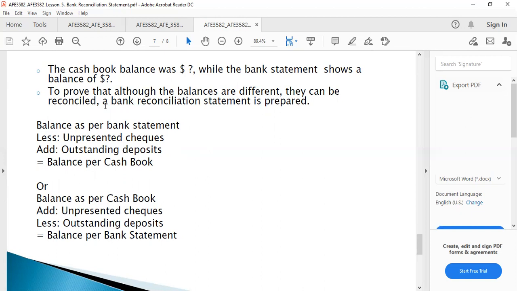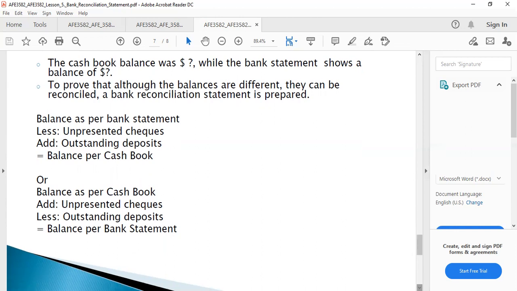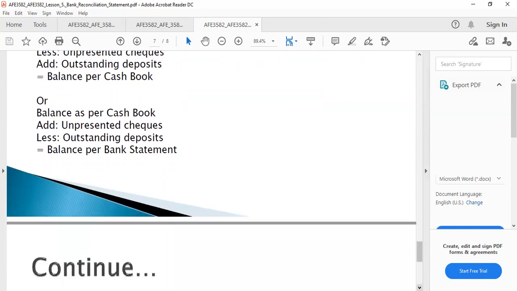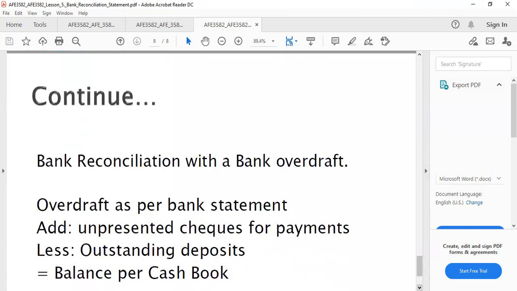If you find the first one easy, then you can always stick to it: balance per bank statement, you add outstanding deposits, you less unpresented checks, and then you get your balance as per cash book that you calculated in your updated cash book. You understand?